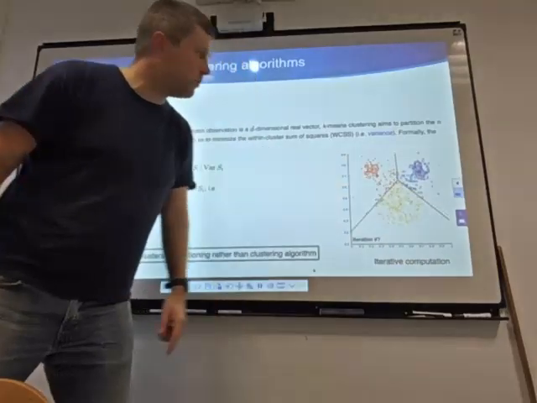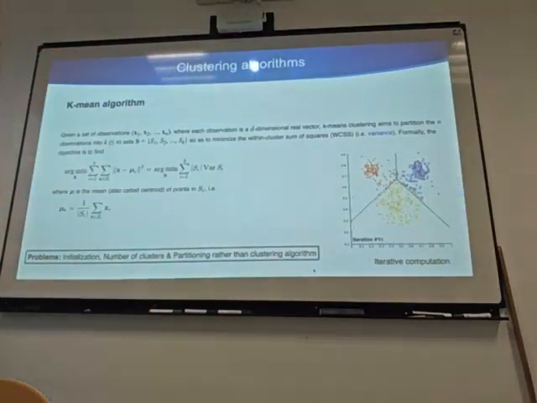The same for the green and blue ones. There are many K-means clustering algorithms, but usually the idea is to position some initial positions for your cluster centers, and then iteratively move them so that you minimize the distance inside the cluster to the center and maximize the overall distance between clusters.